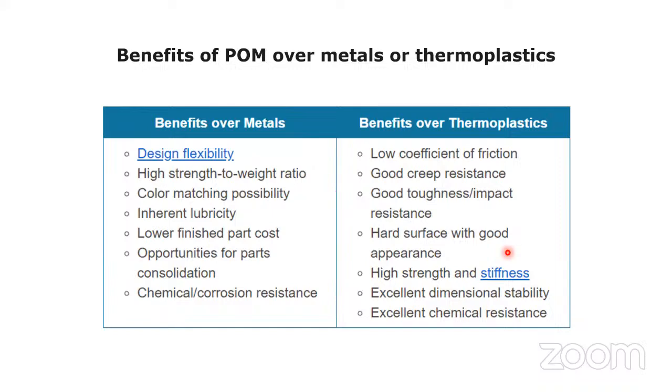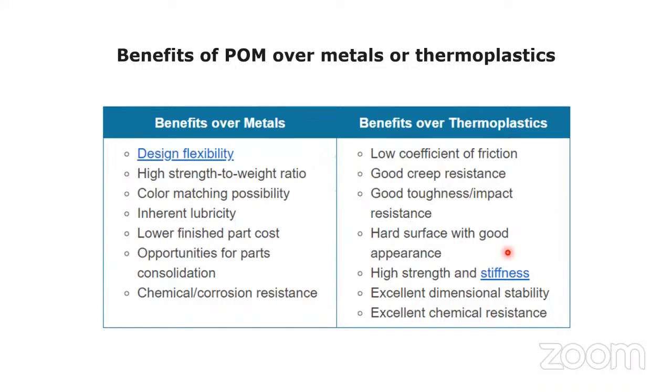So what benefits over thermoplastics is polyoxymethylene showing? Obviously, first in front is the low coefficient of friction, as we mentioned just now. Then it has good creep resistance, good toughness, impact resistance.